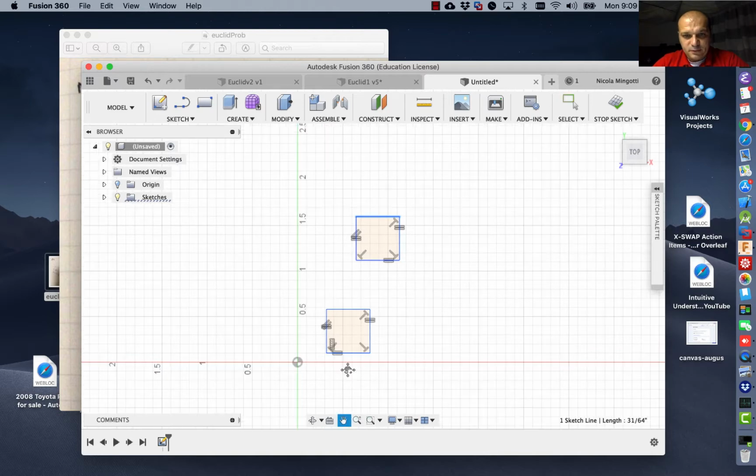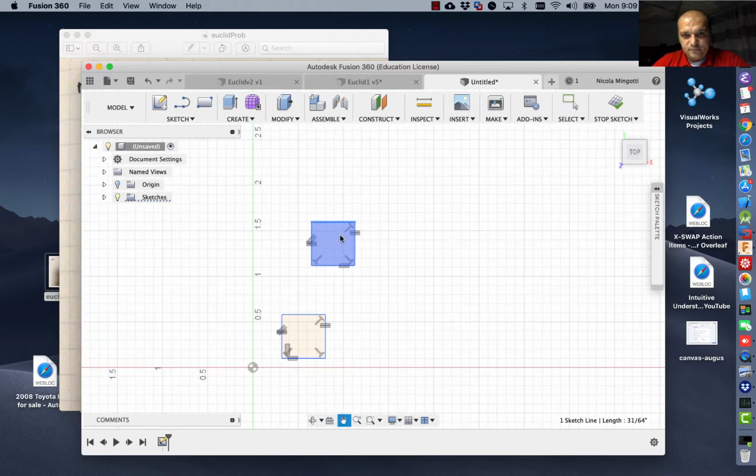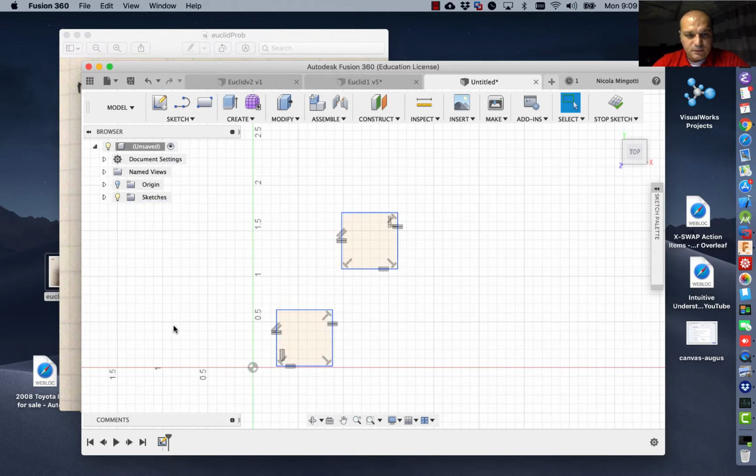Good. Let's connect the lines. This goes here, this goes here, this goes here, and this goes here.